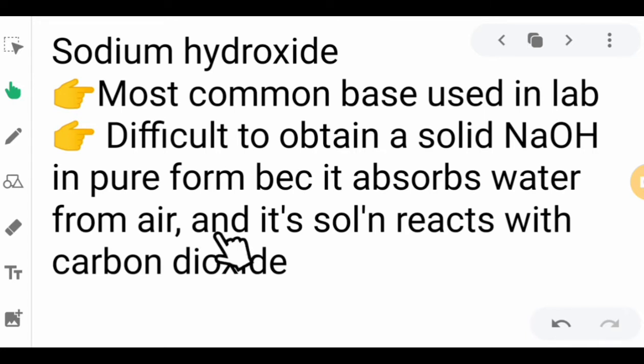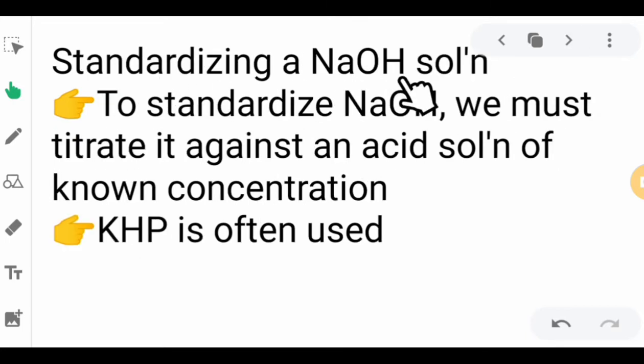In order for us to use sodium hydroxide in analytical work, we have to standardize it, and we can standardize an NaOH solution by titrating it against an acid solution of known concentration.